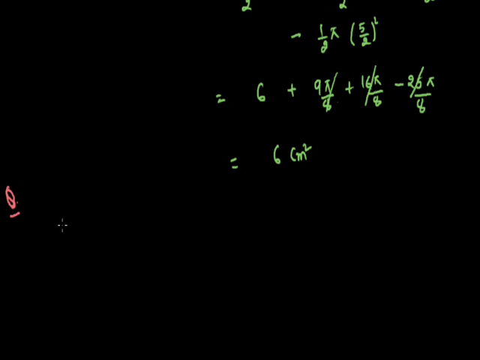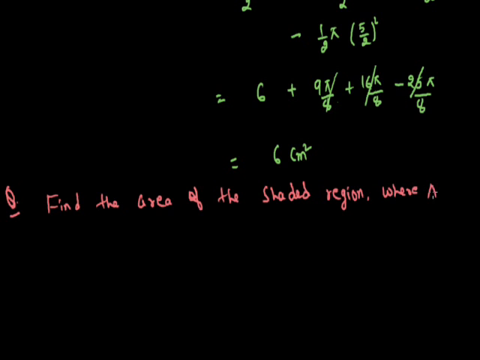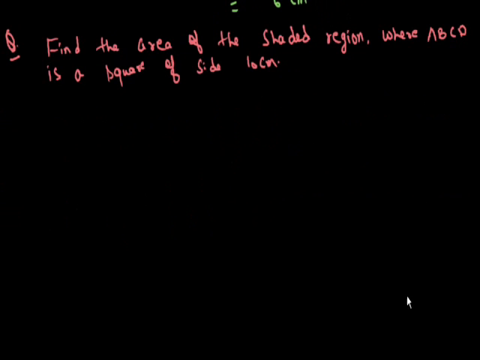Next problem. Find the area of the shaded region where ABCD is a square of side 10 centimeter.